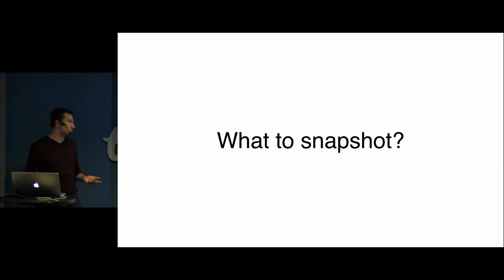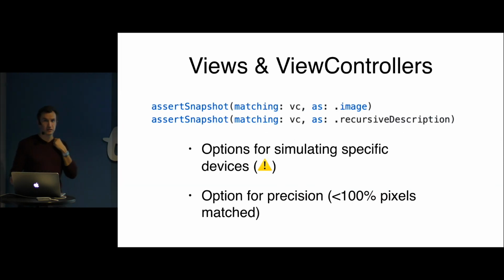So what can you snapshot? Well, the most obvious thing is views and view controllers, right? So this is the syntax. You just import snapshot testing, and then in your unit tests, you can do assert snapshot matching, a reference to a view or a view controller. And then what's interesting is that for each thing that you can snapshot, you can use different what's called snapshot strategies.